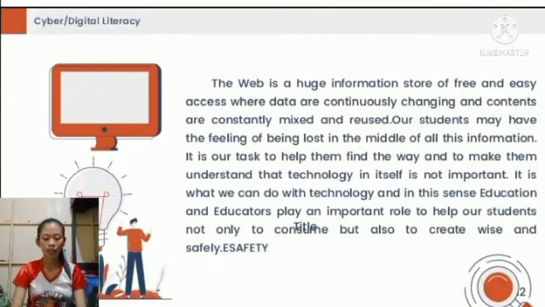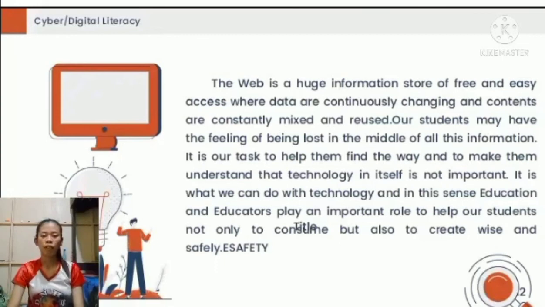Our students may have the feeling of being lost in the middle of all this information. It is our task to help them find the way and to make them understand that technology in itself is not important.